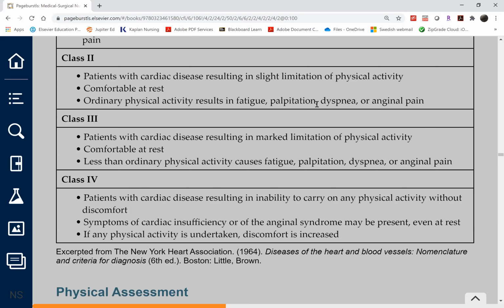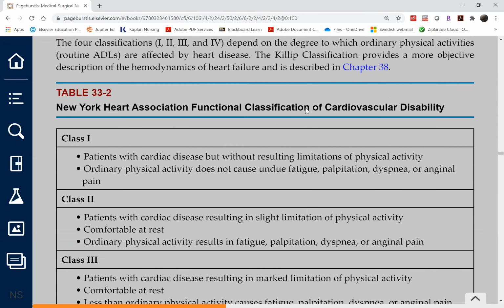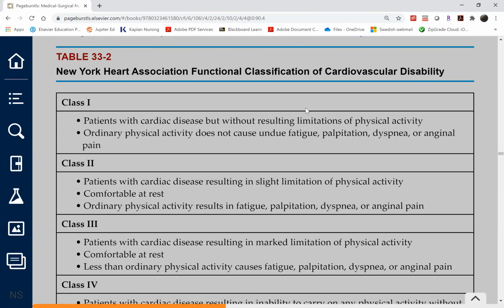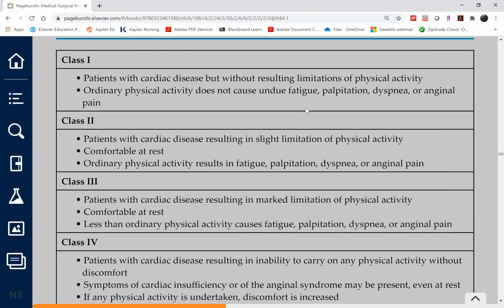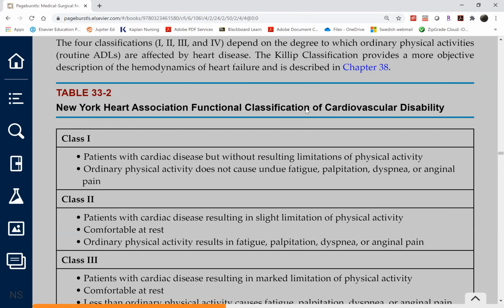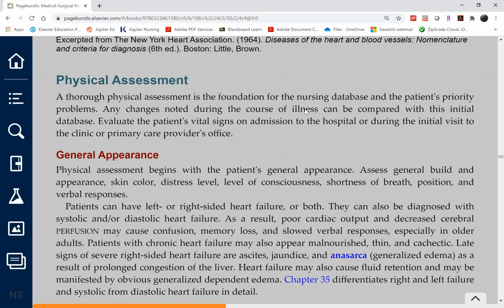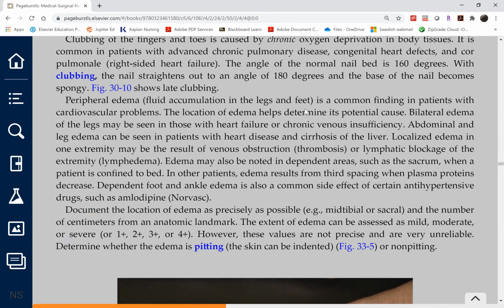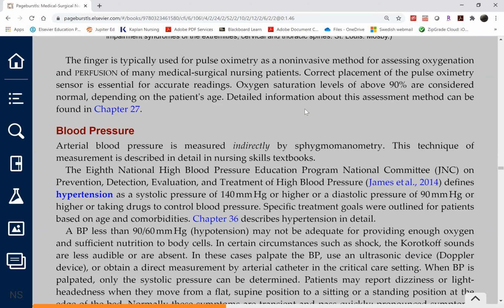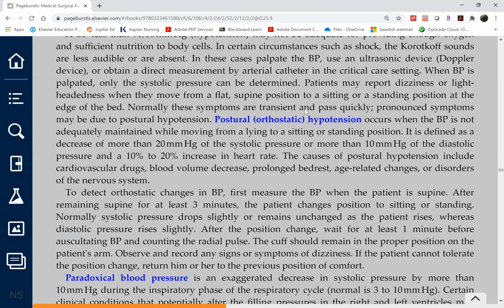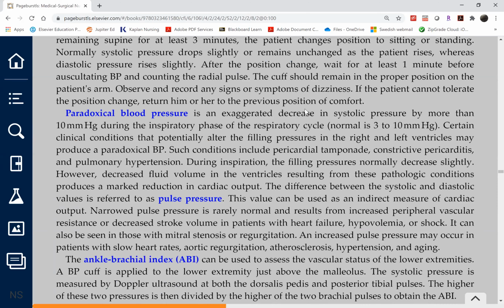All right. So this is the significance of NYHA heart failure classification. Any question on this table? No, Professor. All right, so let's move on. The rest of these are already in chapter 35, so I don't want to keep repeating them.